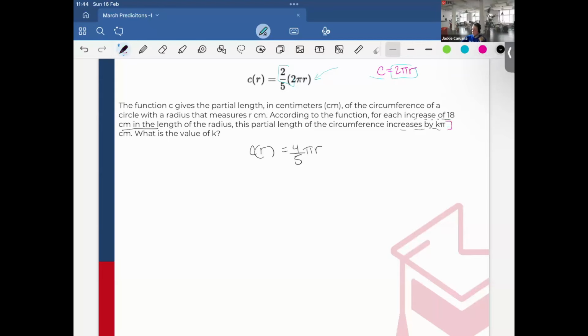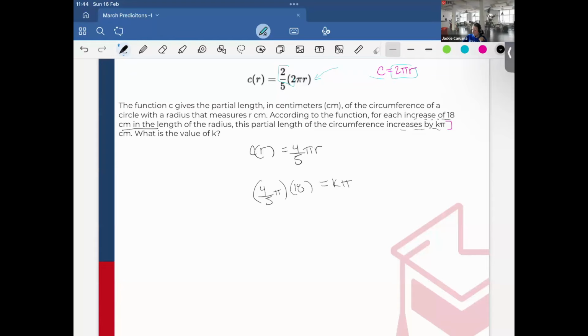So if I were to translate this, for each increase of 18 centimeters, so if I do 4/5 pi multiplied by 18 for the radius, it's supposed to equate to k pi.